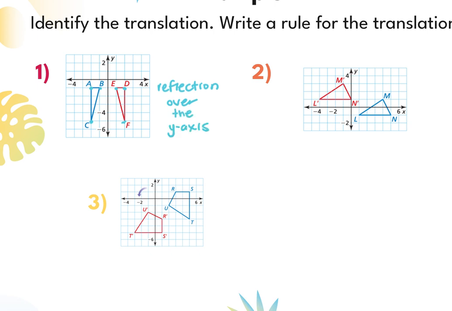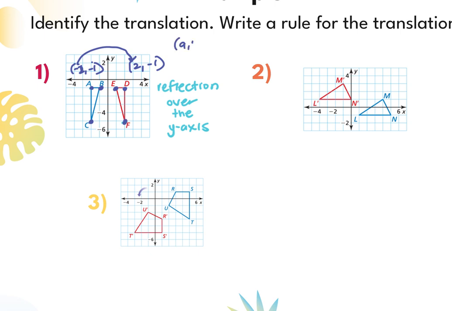If I look at the coordinate points, my A, which was (-2, -1), reflected over here to be (2, -1). So the x value changed sign. If you do the same with these, (-1, -1) to (1, -1), and (-2, -5) to (2, -5), they all are the same thing.